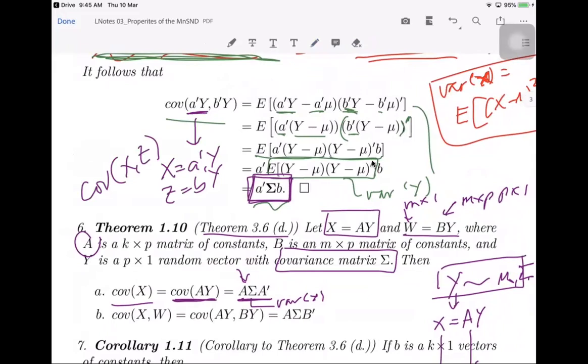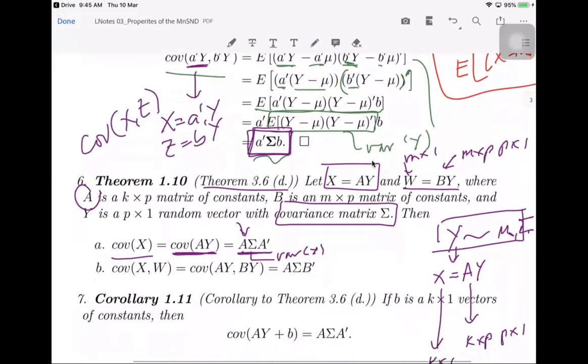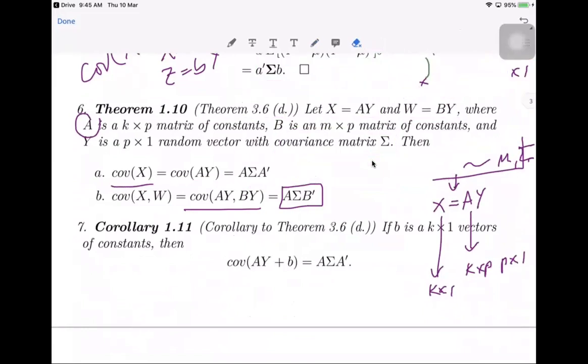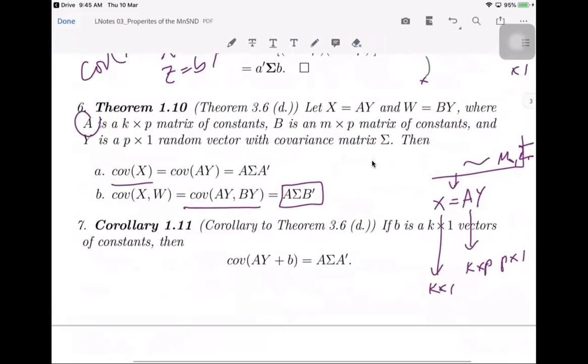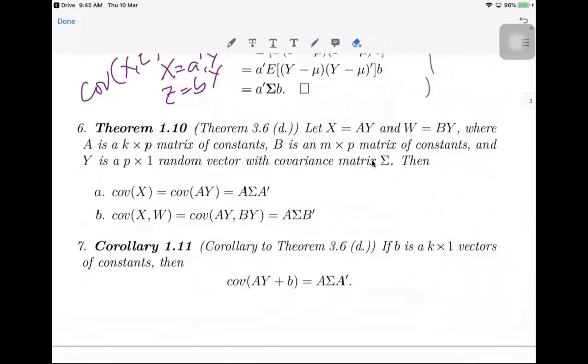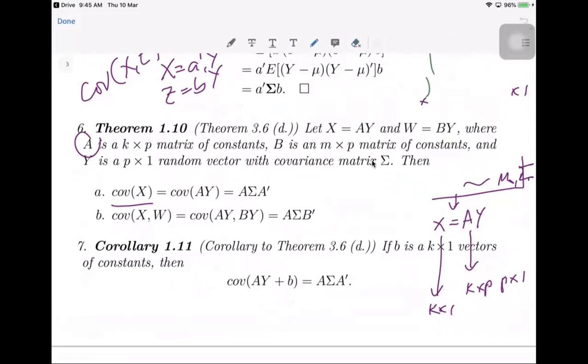This is a vector of constants, but this time this will be a matrix of constants. So similarly, you have more or less the same result, except that let's see the difference. What's the difference? When the transformation on your random variable is pre-multiplied by a vector A prime, you get A prime sigma A, if it is the same vector.